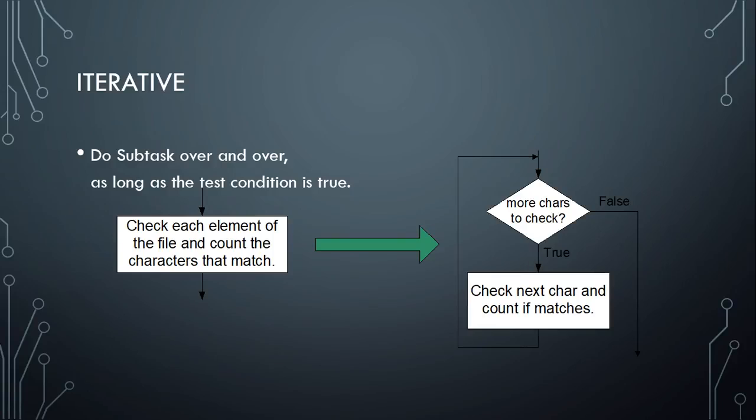If true, we're going to check the character and then count if it matches. So if the count is true, let's increase that by 1. Then we go back to the top. Are there more characters to check? Well, yes. So if there are more characters, we keep going until we hit where it says no, there are no more characters in that file. So then we're done.